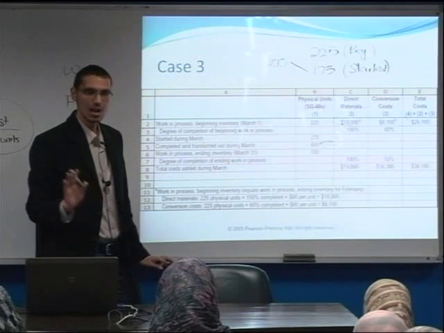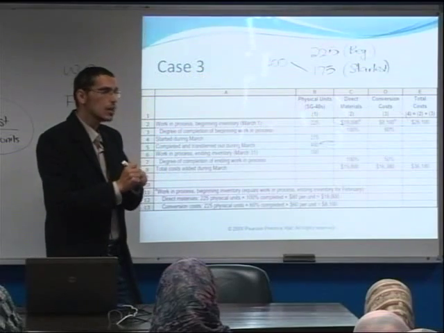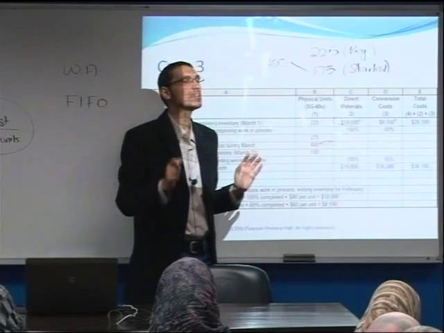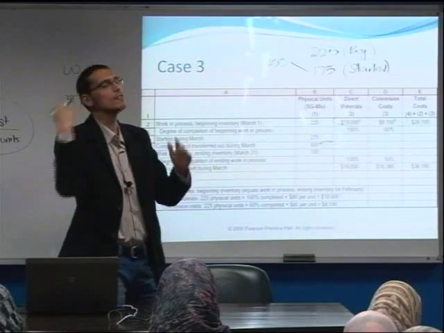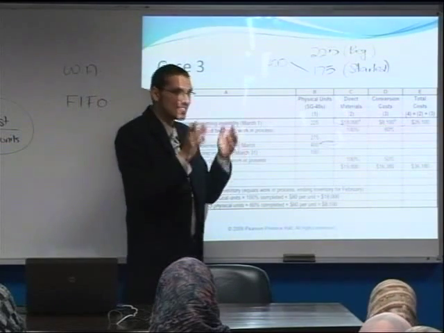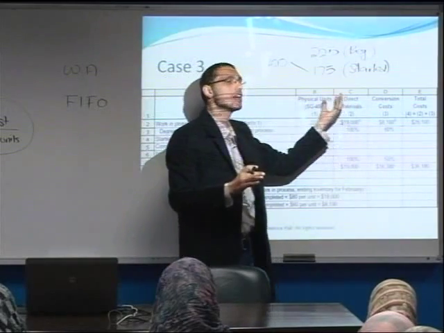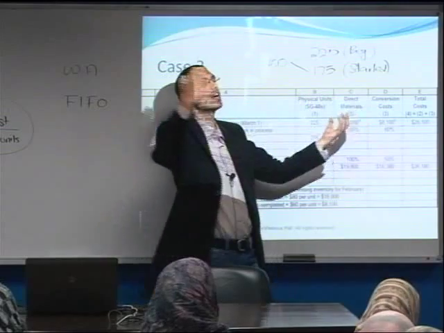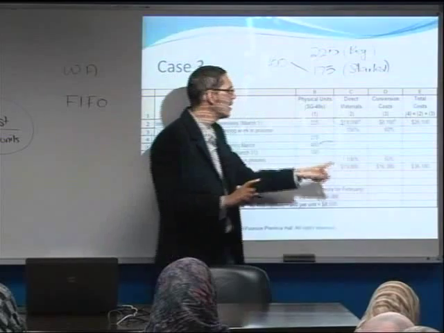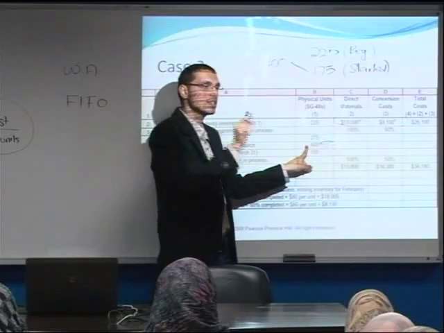Correct? Therefore, according to the first in, first out, the first thing we are going to do is finish the work that has been started within previous periods. Of course, if this assumption is taken, the total cost that has been incurred within previous periods would be assigned directly to the work that has been finished, or to the completed and transferred out work.